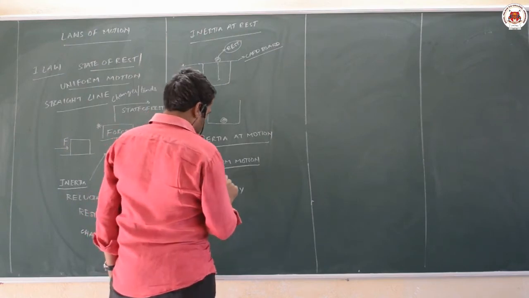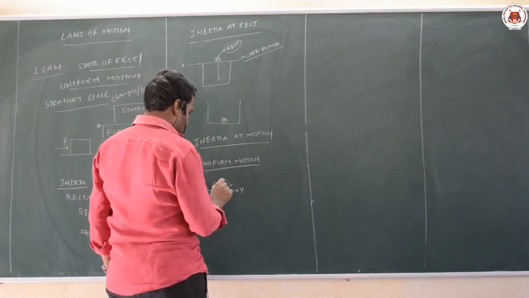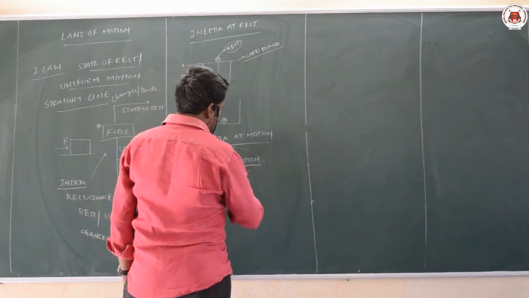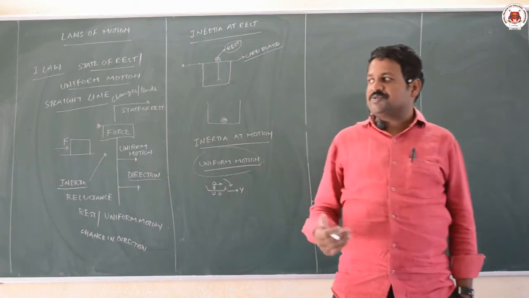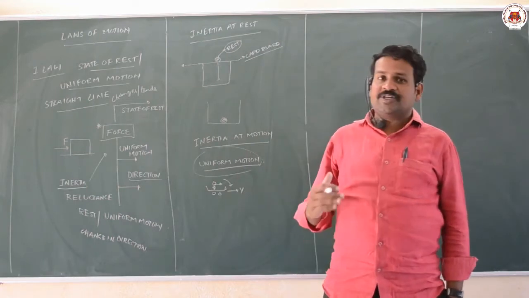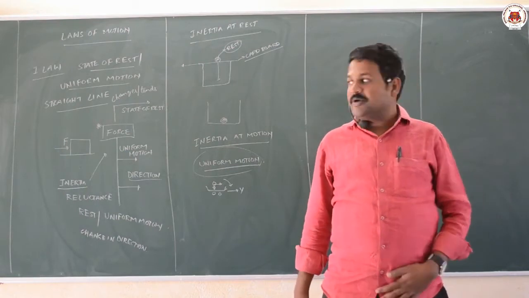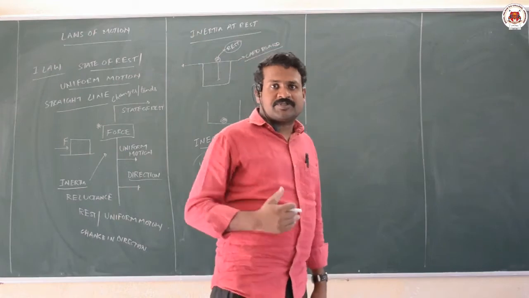If the driver applies brakes, then the passenger will move forward. That means the body which is in uniform motion wants to be in uniform motion only. Body which is at rest wants to be at rest only. To change that state of rest or to change that uniform motion of the body, you have to apply some force. That is what first law says.